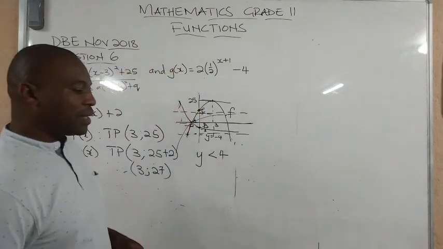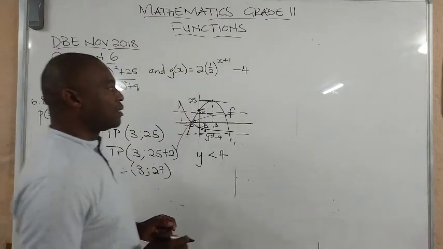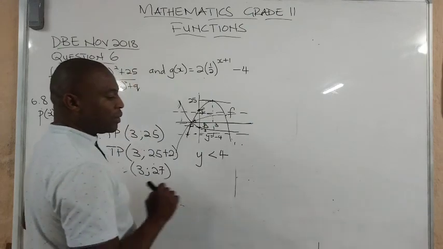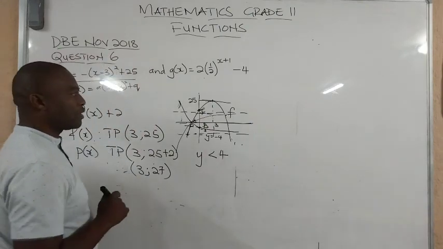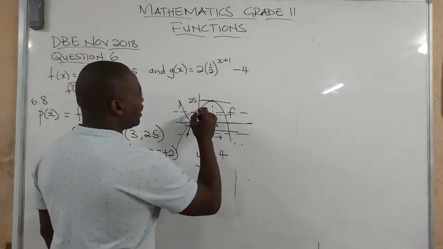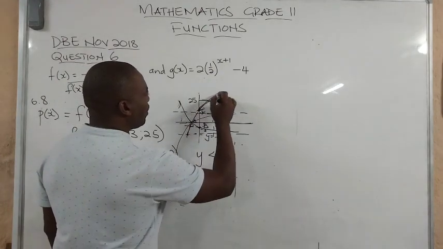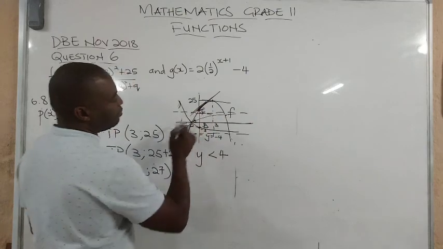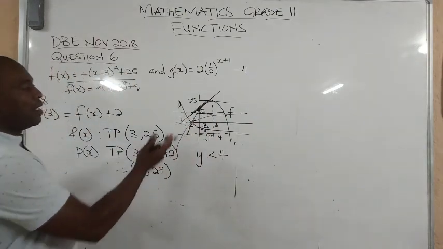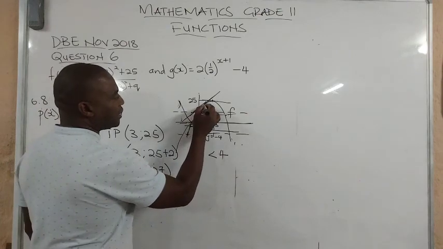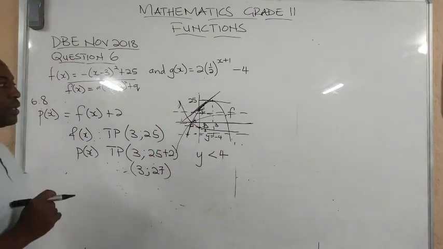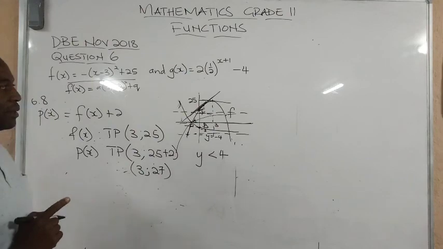But then what we are saying here is that we can notice that the straight line is having a positive gradient. That means if it's a tangent, it's basically on this side of f. And if it is a tangent, it has one contact point.